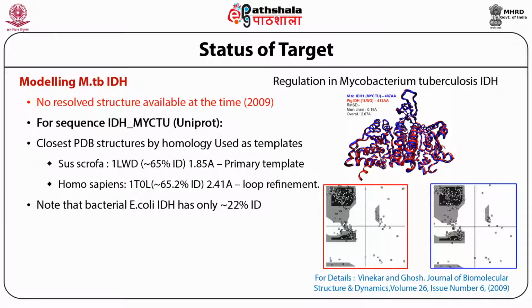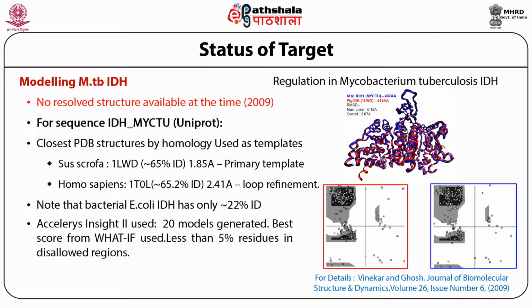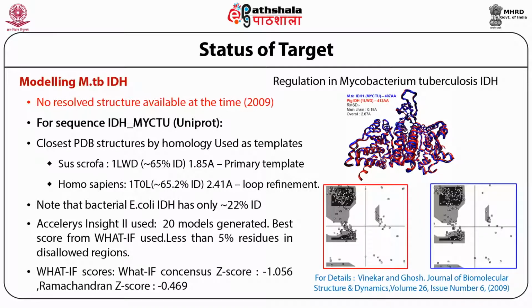If the template is already outside the Ramachandran plot, then we will have the same effect in the model. However, we tried to make it as good as possible. Details of this can be found in the published paper. We used around 20 models, checked everything, such as DOPE scores, Z scores, and Ramachandran scores, and then we used this model for our next level of study.